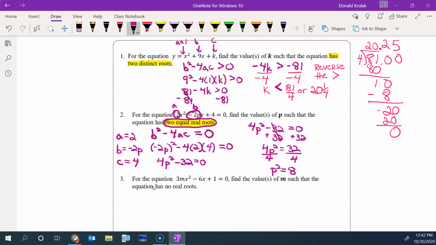But the only time you switch your inequality is when you divide by a negative or multiply by a negative, then that sign would switch to this and vice versa. That would switch to this.